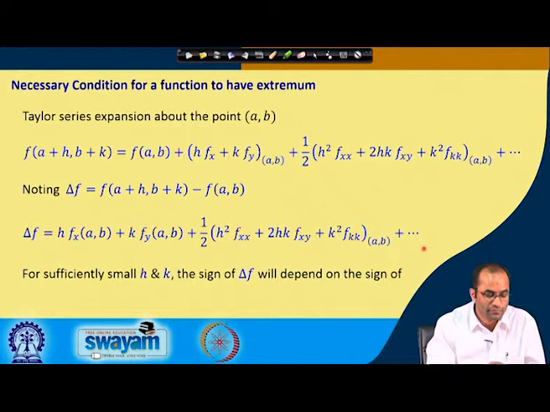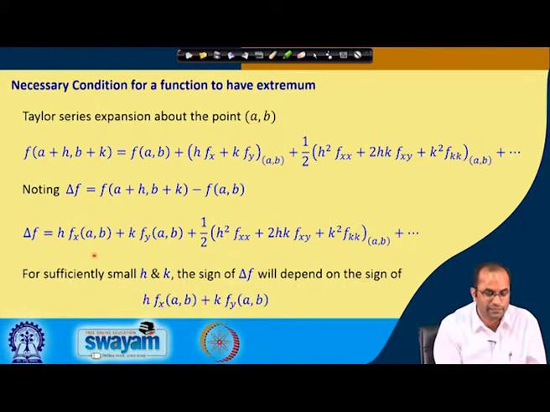So, for sufficiently small h and k, the sign of delta f will depend on the sign of h f_x plus k f_y at (a, b). We will also see in detail in the next slide that the sign of delta f on the left will basically depend on the sign of this first term.